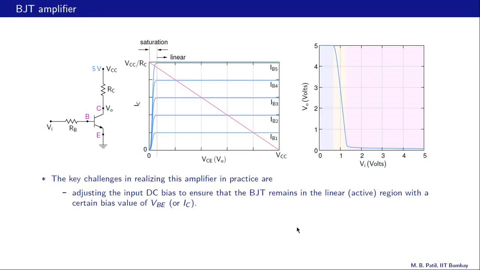That is one challenge. So we have to apply an AC voltage which is riding on a DC value which is approximately at the center of this region. How do we ensure that?